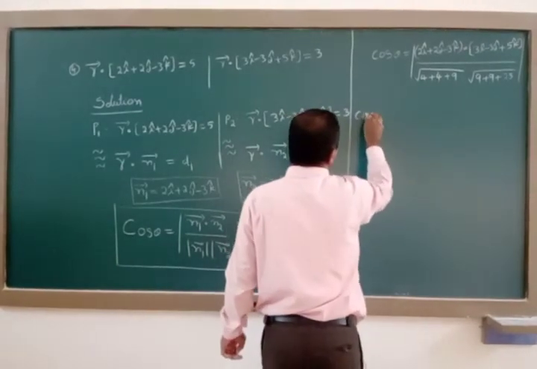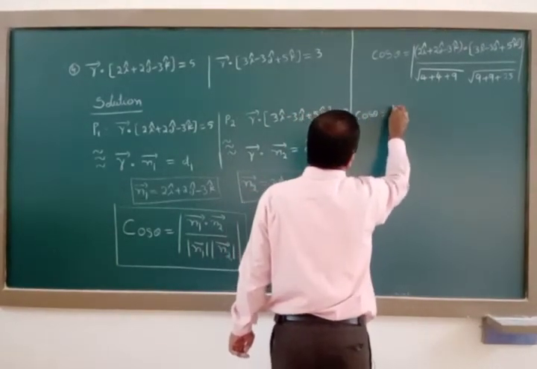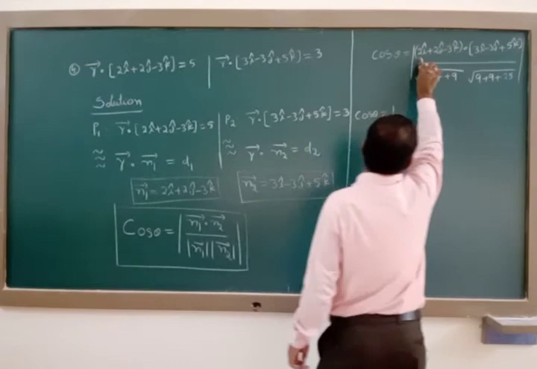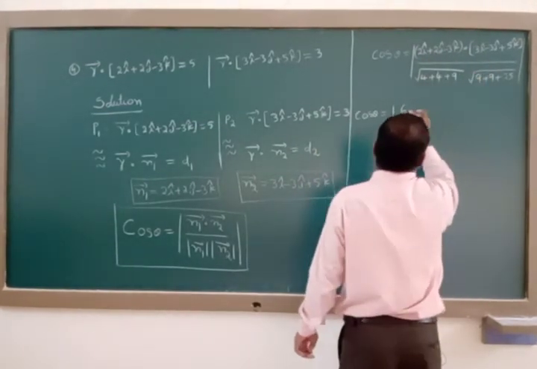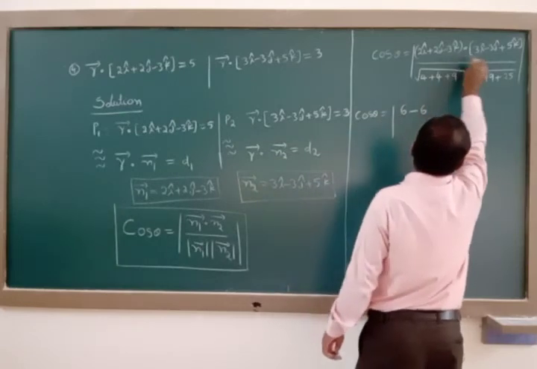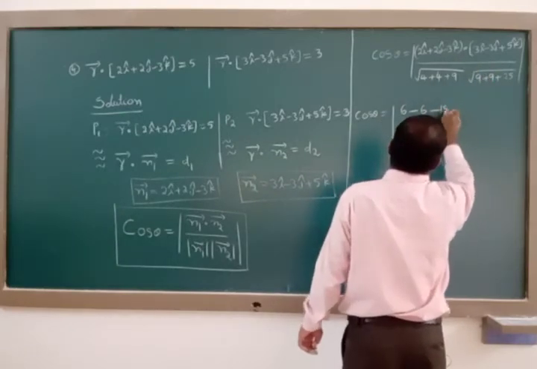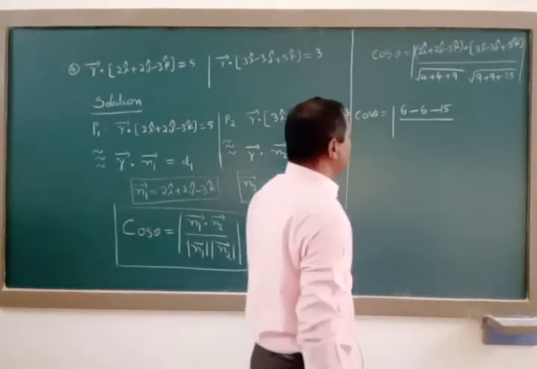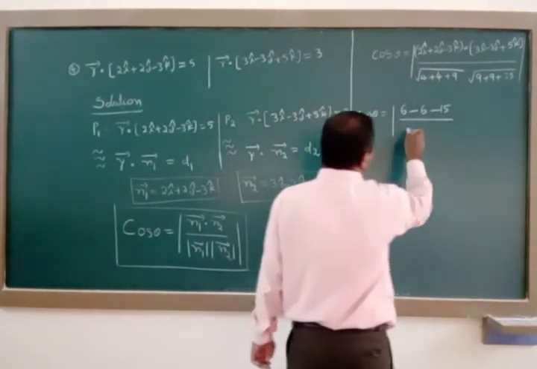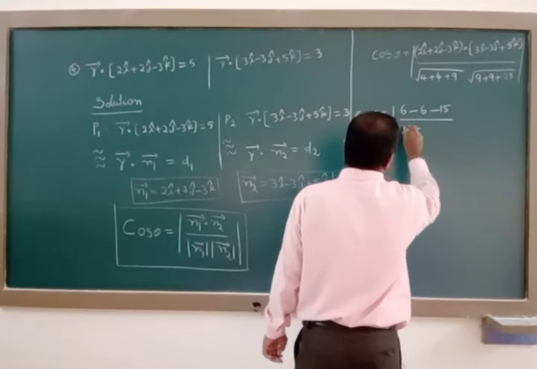Cos theta is equal to modulus of 2 into 3, 6, 2 into minus 3, minus 6, minus 3 into 5, minus 15 here, whole divided by 9 plus 4, 13, 13 plus 4, 17 here, square root of 17.